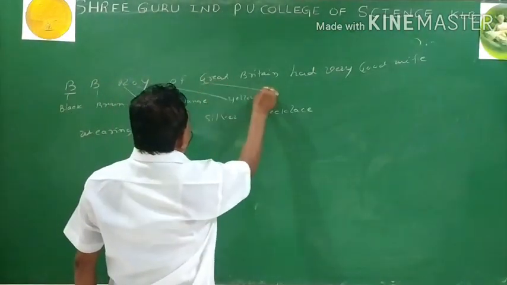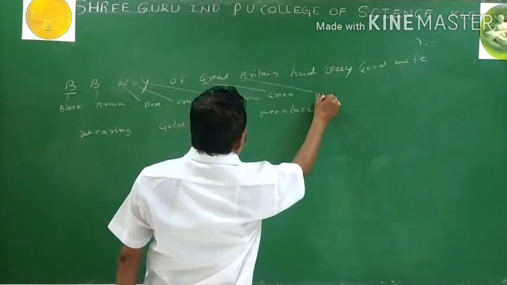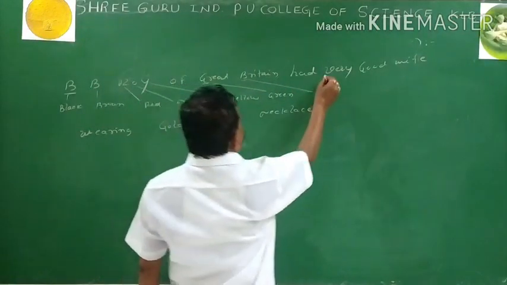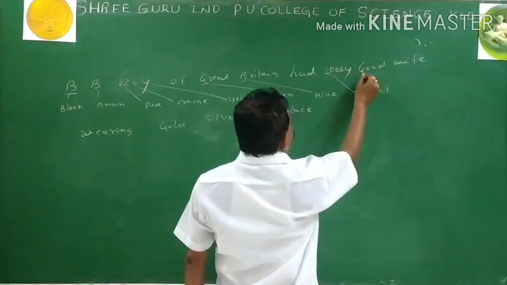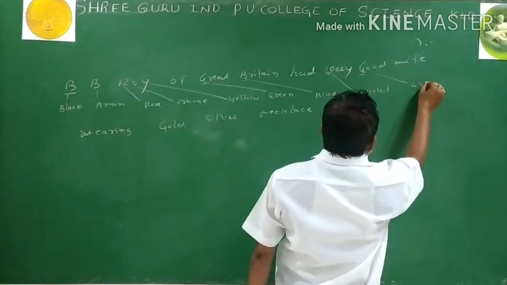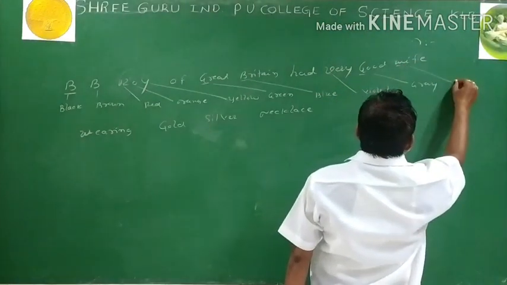G stands for green. B stands for blue. V stands for violet. G stands for grey. W stands for white.